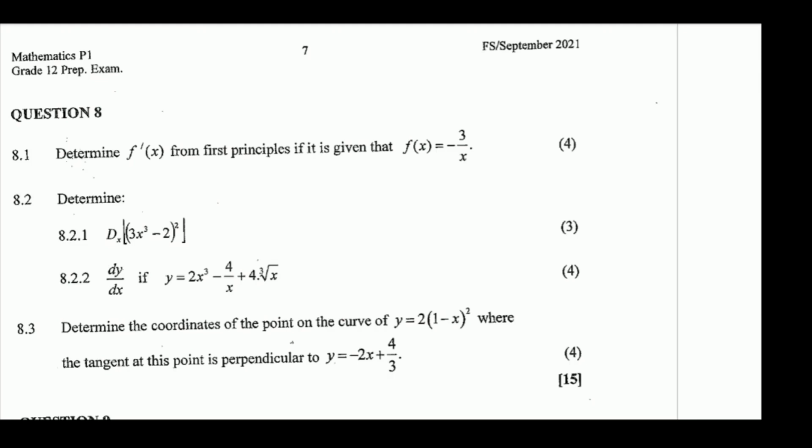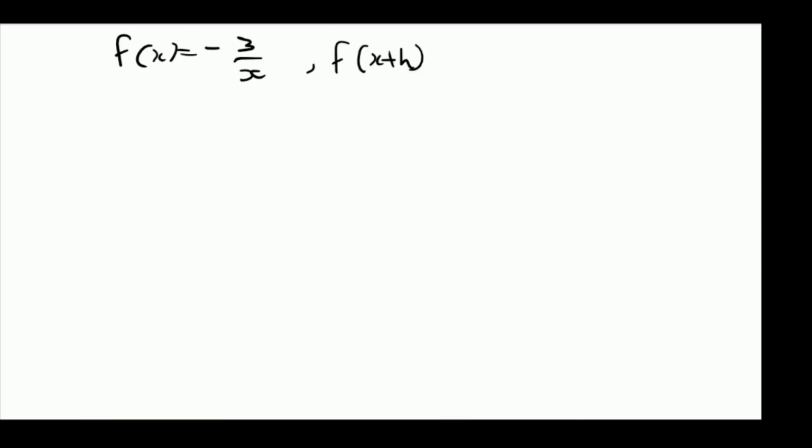Now, question 8.1, we are asked to find the derivative using first principles of this function here, f of x equals minus 3 over x. So to find the derivative, our f of x is equal to minus 3 over x, and our f of x plus h is going to be equal to minus 3 over x plus h, right?